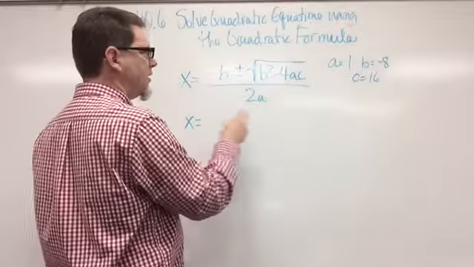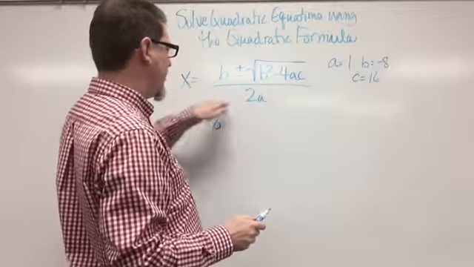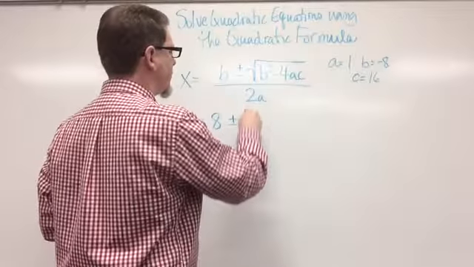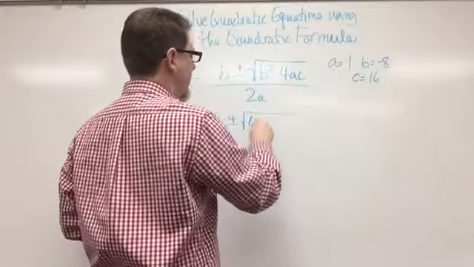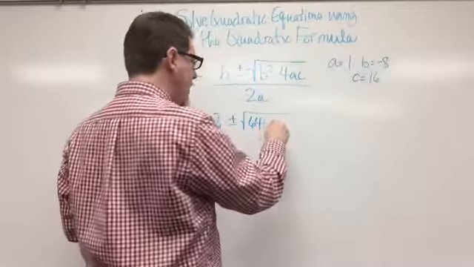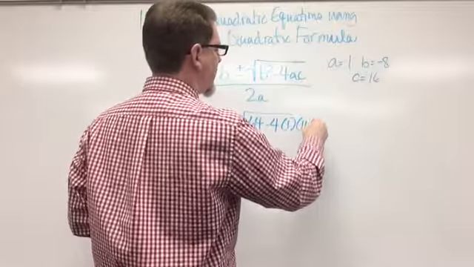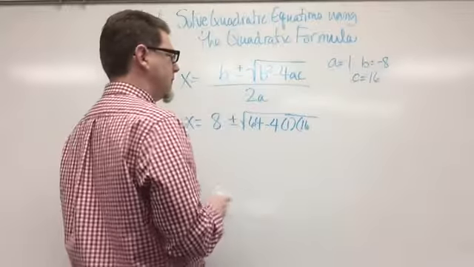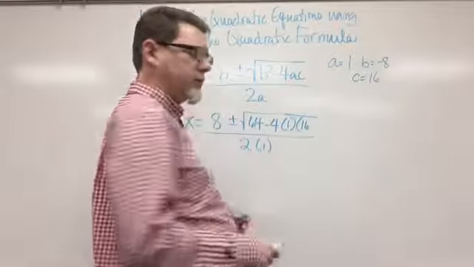X equals the negative of b, which would just be positive 8, because the negative of negative 8 is positive 8, plus or minus the square root of b squared. Negative 8 squared is 64, minus 4 times a times c, which is 16. Over 2 times a.